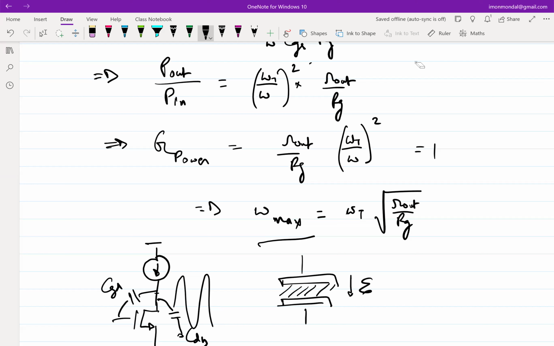very hand-wavy rule: for any CMOS device made with silicon dioxide dielectric, given the breakdown, this F max is around 200 gigahertz. That is the F max where you can get power gain given a certain amount of breakdown voltage.